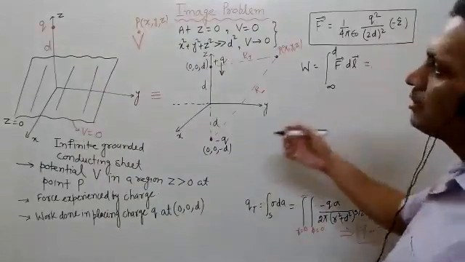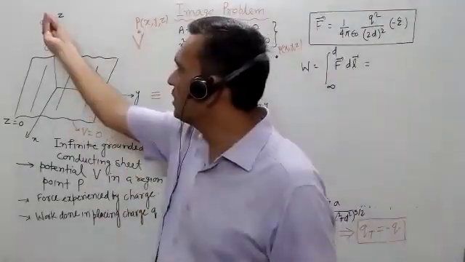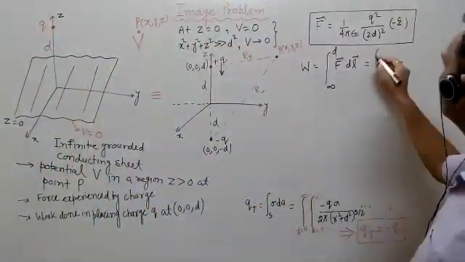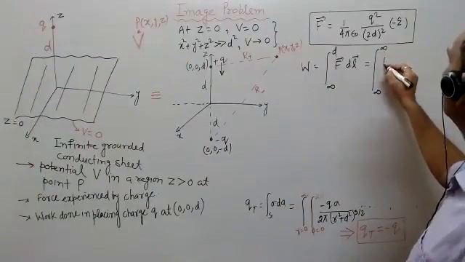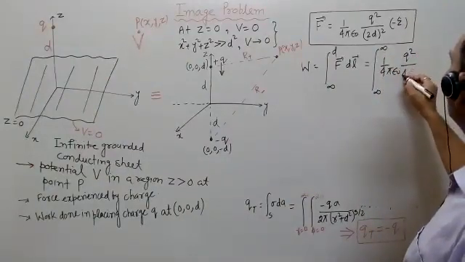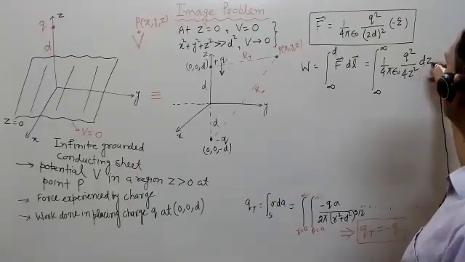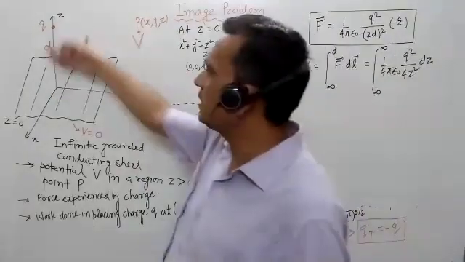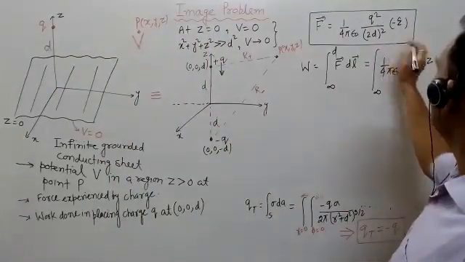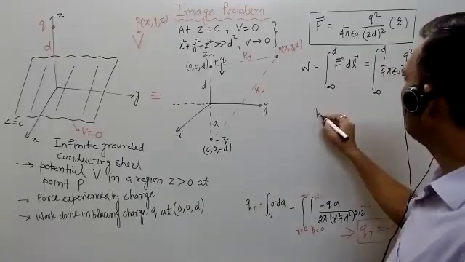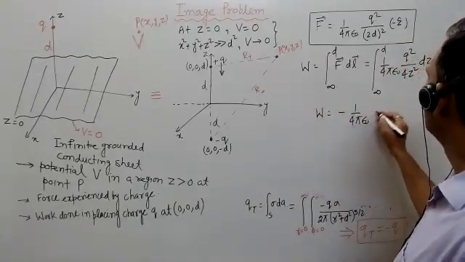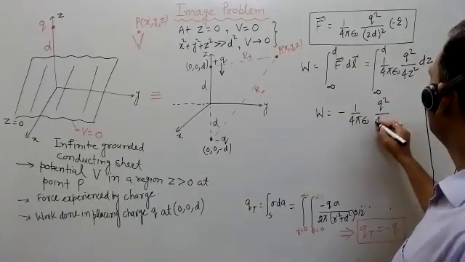This work done will always be negative because the charge is attracted towards the conductor. So this is the integral from infinity to d of 1 by 4 pi epsilon naught, q square by 4z square dz. I have written in terms of variable z along the z axis, and if you calculate this value, you will get minus 1 by 4 pi epsilon naught, q square by 4d.